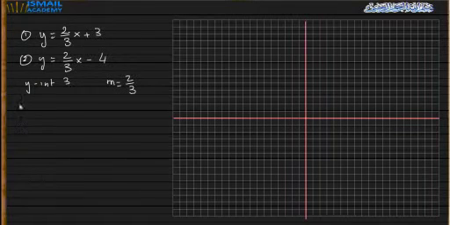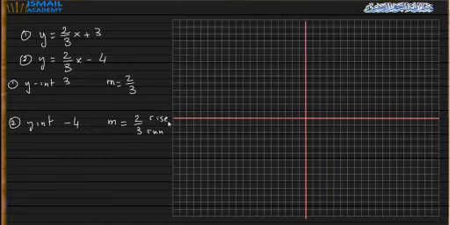The second one has y-intercept minus 4, and the slope again is 2/3. So I'm going to run 3 and rise 2. Here is 3, my first point, which is my y-intercept. Now I run 3 and rise 2, so my second point will be here. I have two points, so I can draw my line.